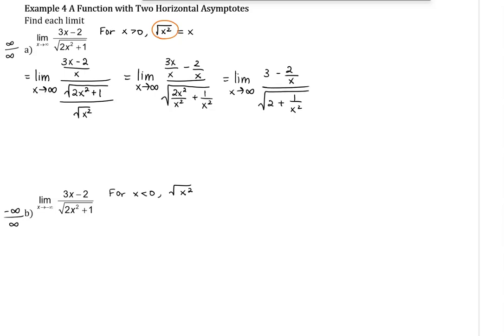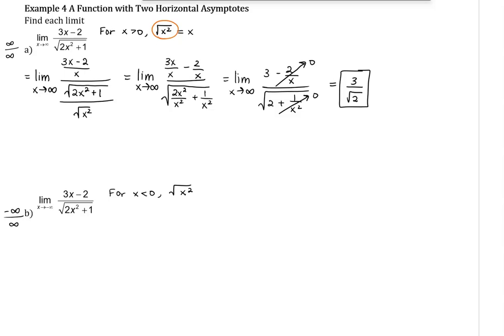And now we can apply our theorem that tells us what happens when we have a limit as x approaches infinity of a constant over a variable with a positive exponent on it. So this 2 over x will go to 0, and this 1 over x squared will also go to 0, leaving us with 3 over the square root of 2.